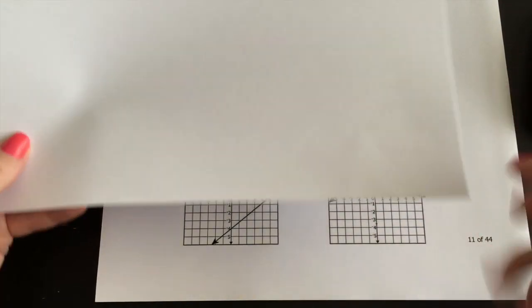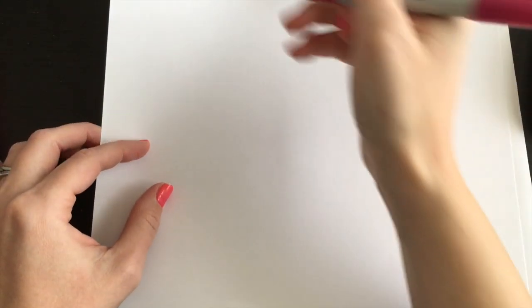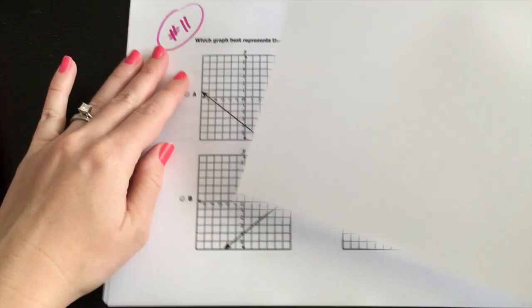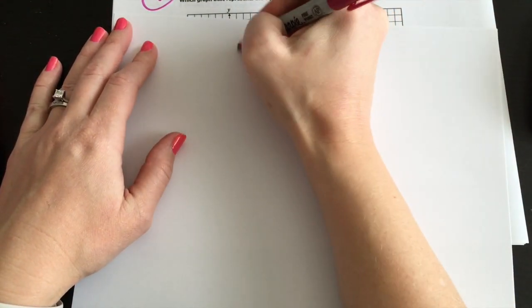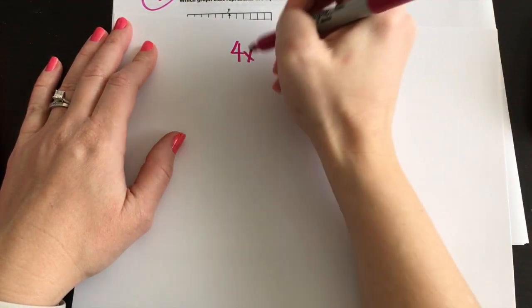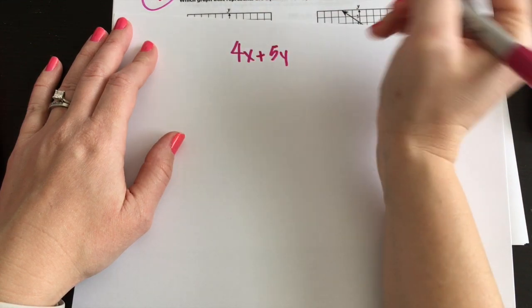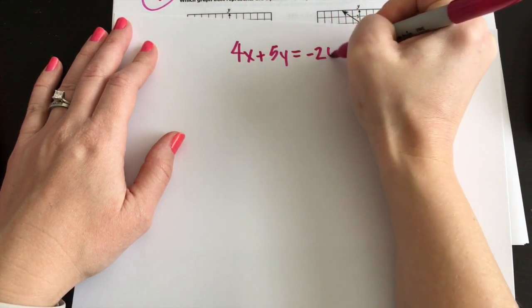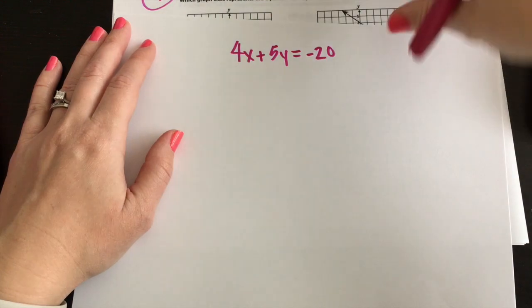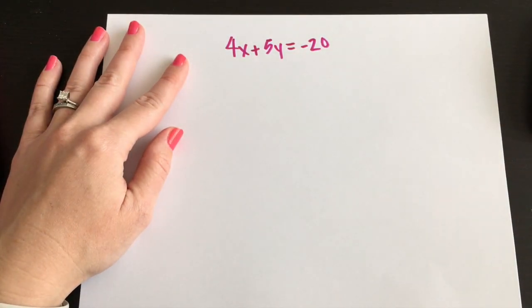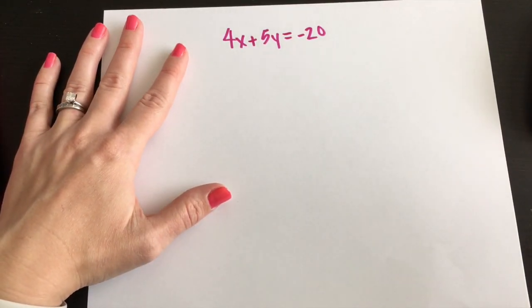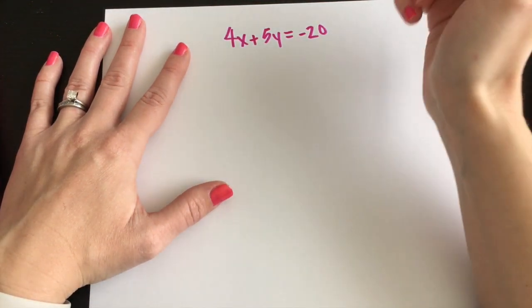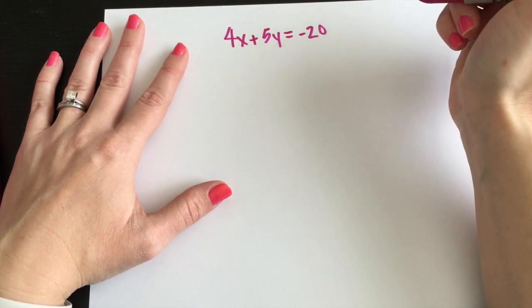All right, what I'm going to do is cover this for just a second. Let's write down the equation first. It is 4x plus 5y equals negative 20. So this is your standard form. I like to look at things in the form of y equals mx plus b, so I'm inclined to put it in that format.